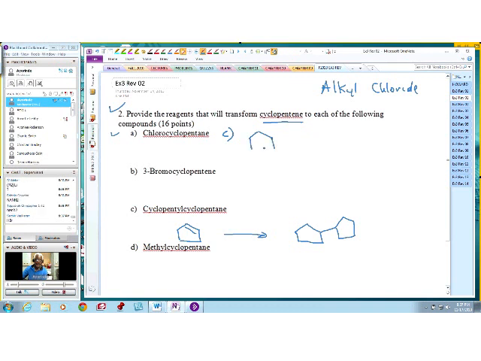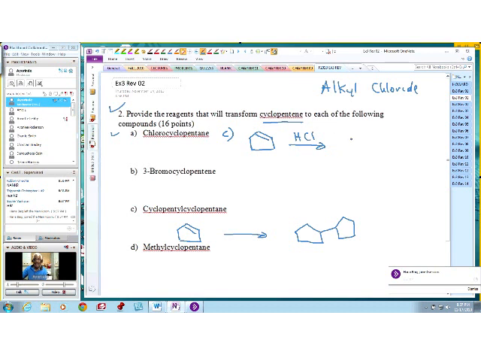The first thing I need to do, of course, is make the alkyl chloride. Once you make the alkyl chloride, you can then take the appropriate Gilman reagent.